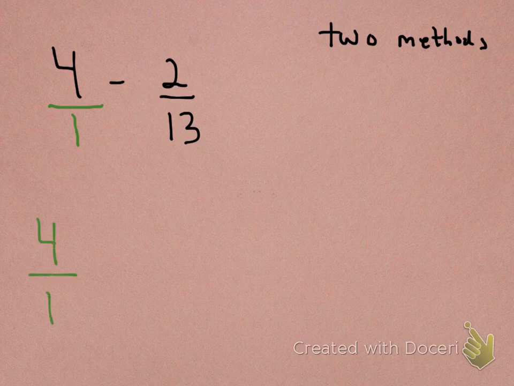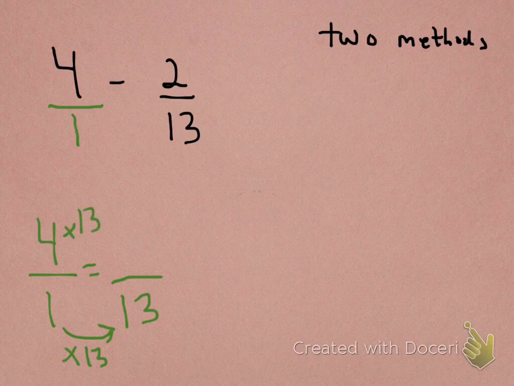So we might as well just change 4 over 1 into some fraction equivalent with 13. Now 1 times 13 will get you 13. Multiply the top by 13. 4 times 13 will be 52.